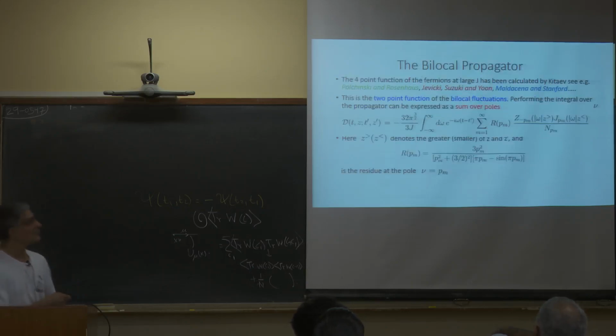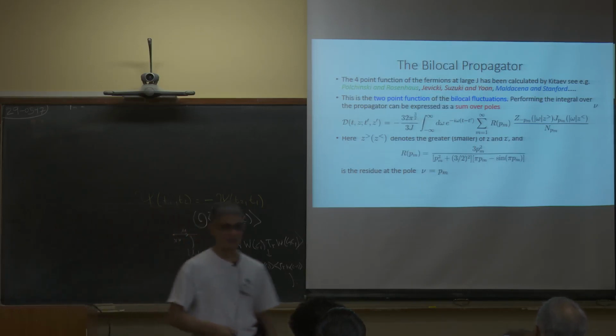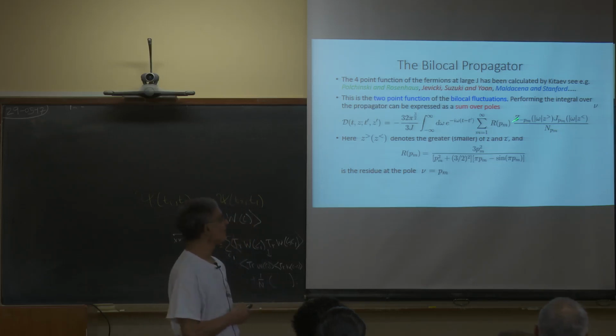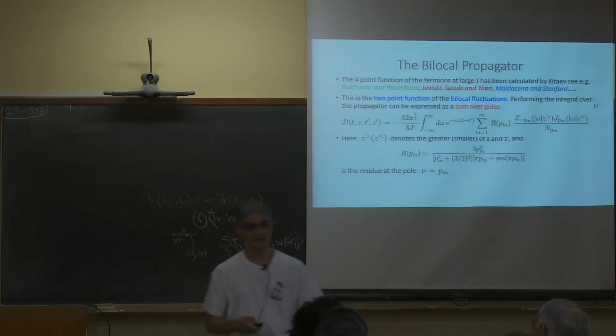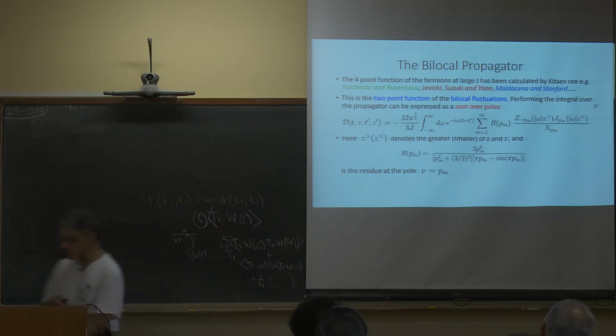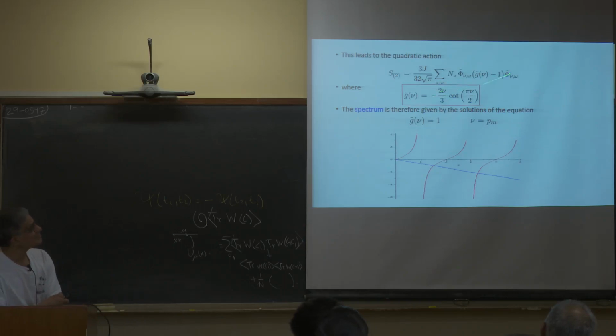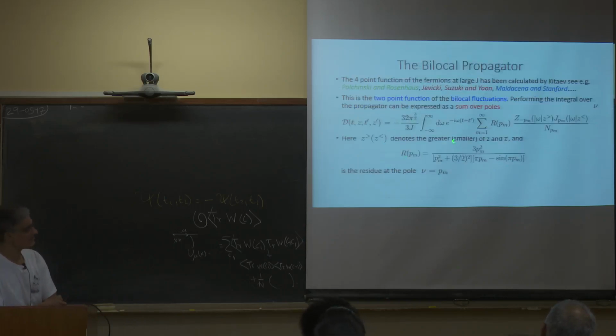Okay? And if you do the integral over nu, long story short, this is what you get. You only get a sum over the solutions of the equation tan, the Pm are solutions of this equation. Okay? So, this is the result.